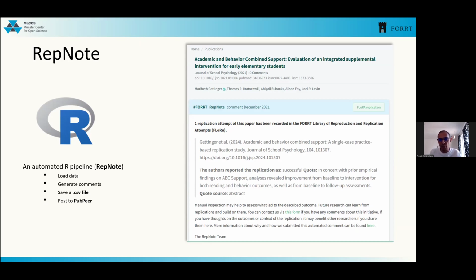As an example, you have a comment here which cites the original study with its DOI, and the specific comment also covers the replication attempt. We also cover what the outcome of the replication was, what the nature of the replication was, whether it was a reproduction or a direct replication, and we also include some quotes from the abstract or parts of the manuscript.